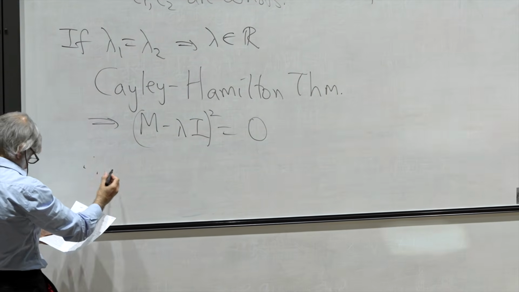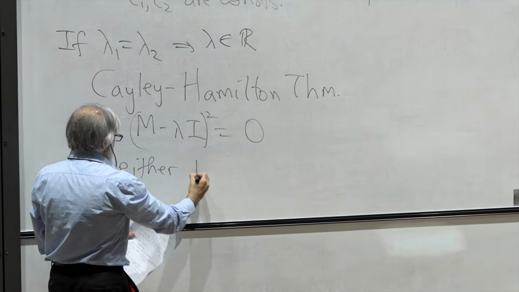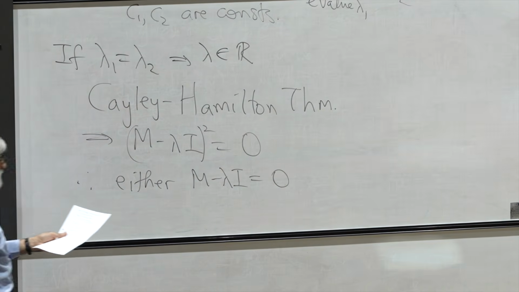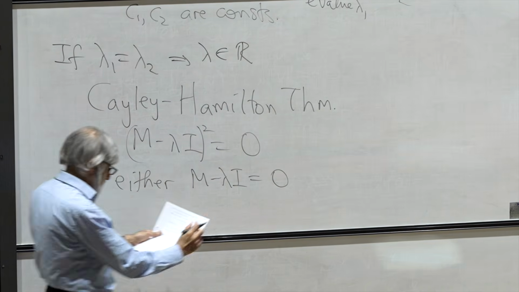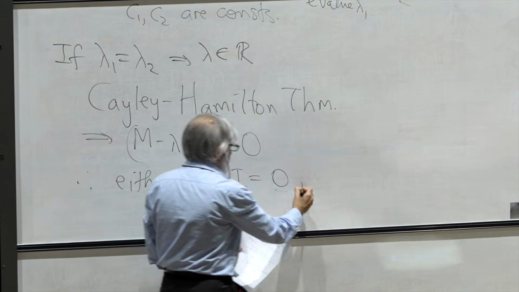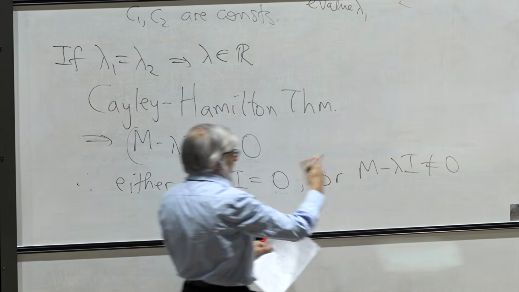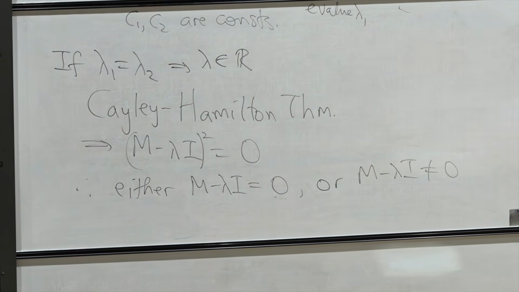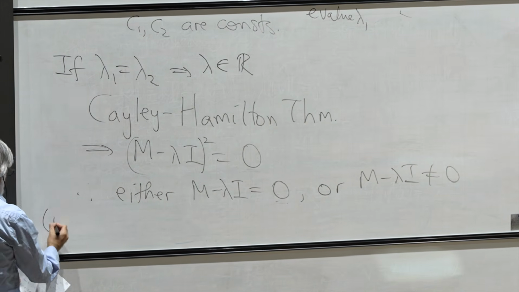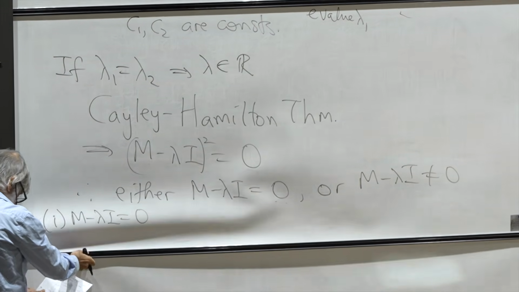So therefore, there are two possible cases. Either m minus lambda I is equivalent to 0, or m minus lambda I is not equal to 0, but m minus lambda I all squared is equal to 0. So let's look at case 1. M minus lambda I is equal to 0.